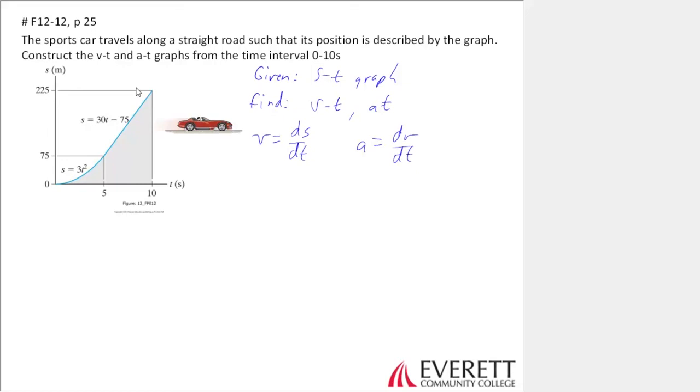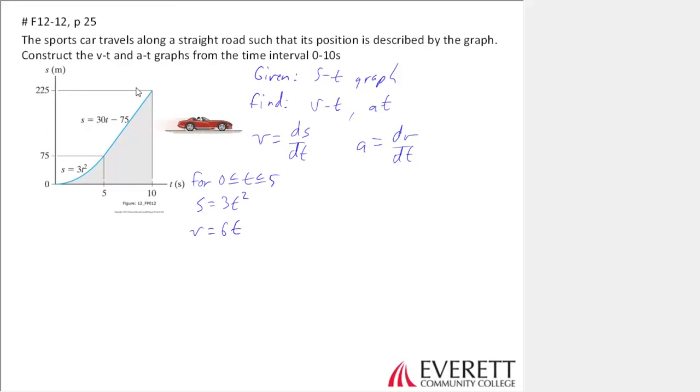So how I like to do these is just break them up into the different categories. For 0 is less than or equal to t, which is less than or equal to 5, our equation is s equals 3t squared. Velocity is 6t.